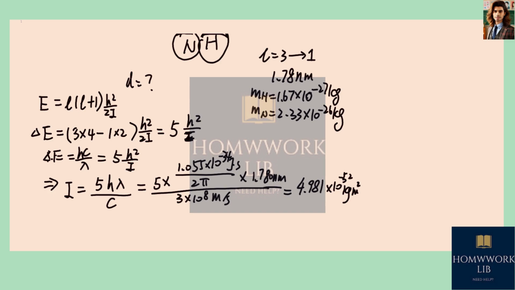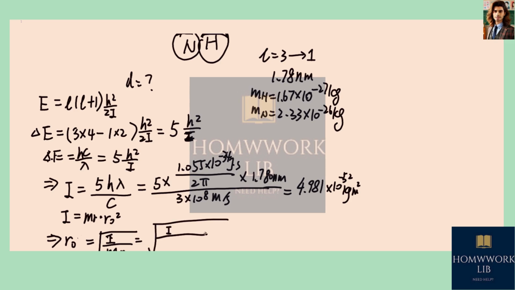Then we know that I equals the reduced mass times R naught squared. So we can find the separation R naught: R naught squared equals I over the reduced mass, so R naught equals the square root of I over the reduced mass. The reduced mass is equal to the mass of nitrogen times the mass of hydrogen over the mass of nitrogen plus the mass of hydrogen.